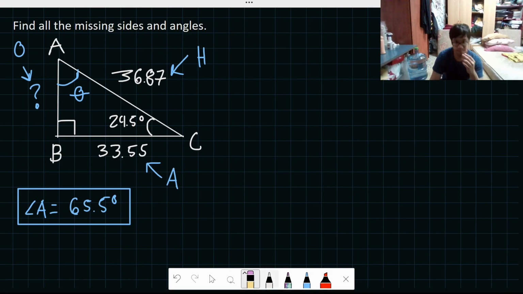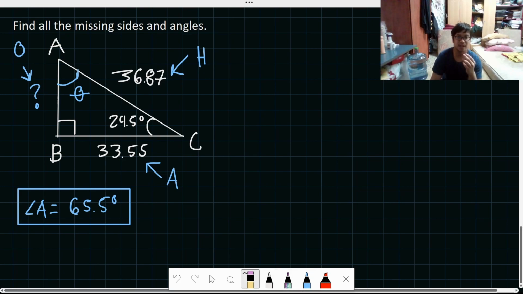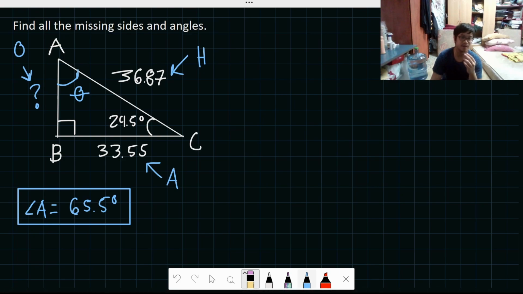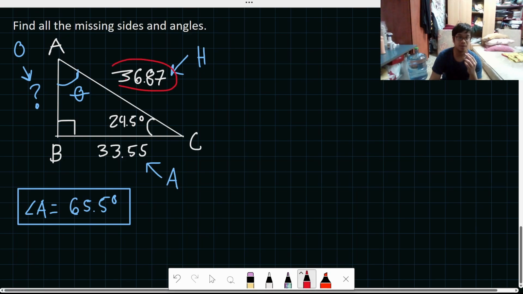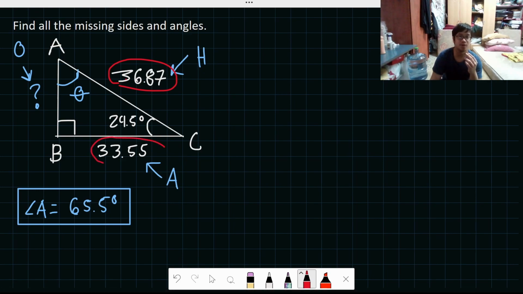Okay. So here in this right triangle, we have a diagonal side of 36.87, right? That's our diagonal line. Now, if you're going to take a look, we have a horizontal component of it, which is 33.55.